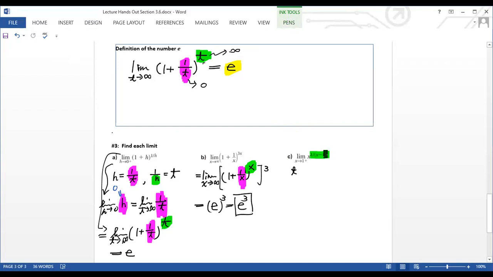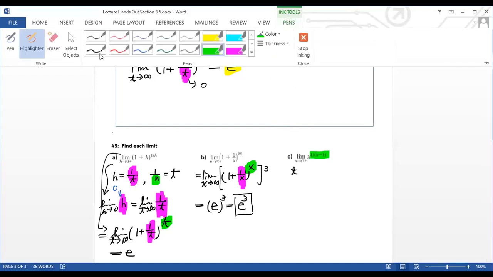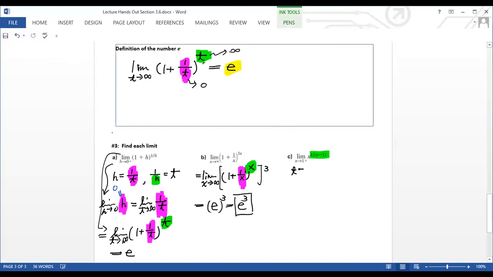Let's set t equal to 1 over x minus 1. So the limit as x approaches 1 of 1 over x minus 1 is equal to the limit as t approaches infinity.